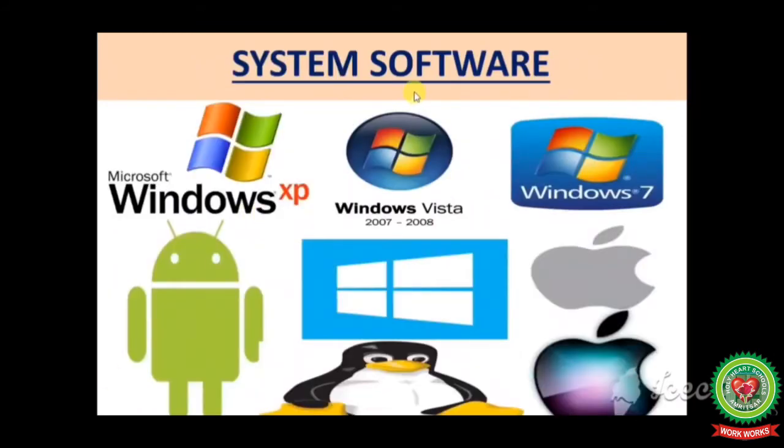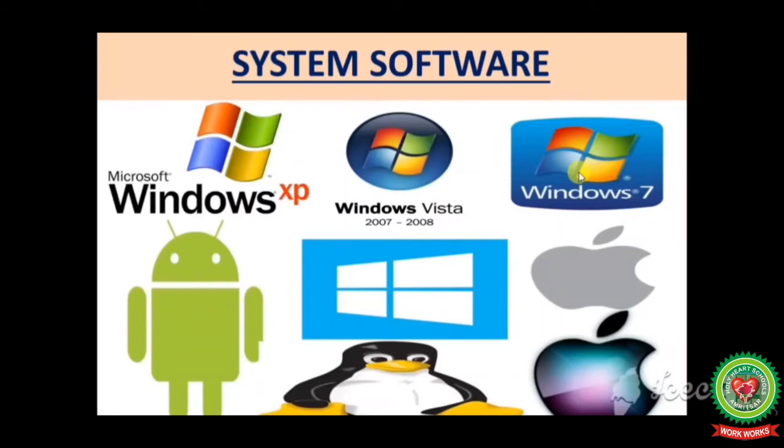And system software are the softwares which control the overall activities of the computer. Like you have installed Windows 7, Windows 8 or Windows 10 on your computer, and the computer performs the features according to the Windows that you have installed.